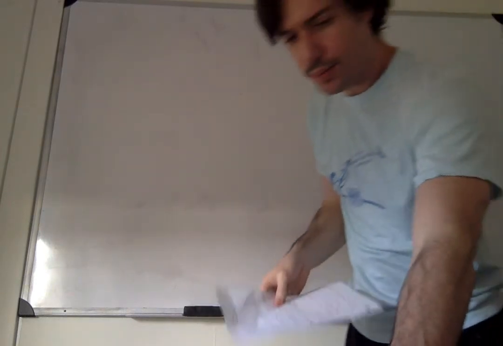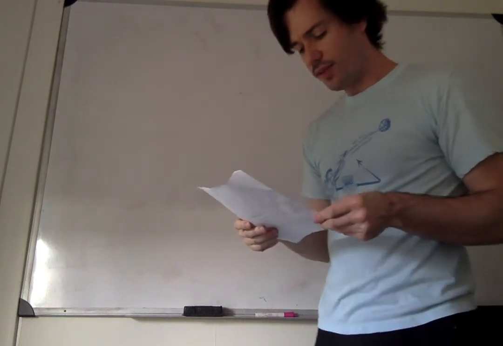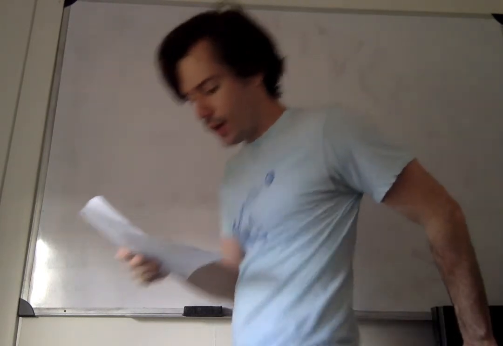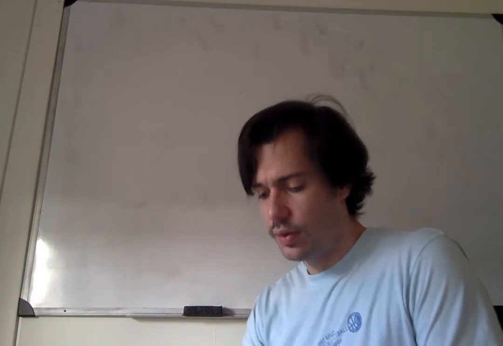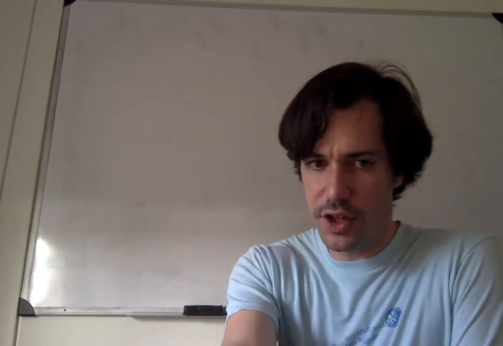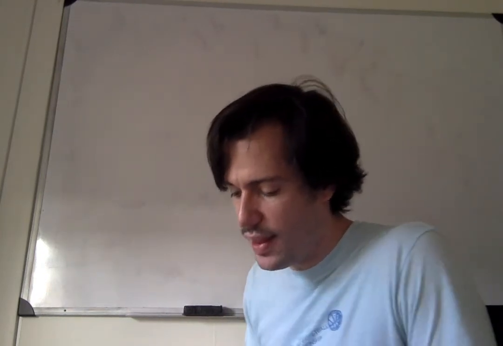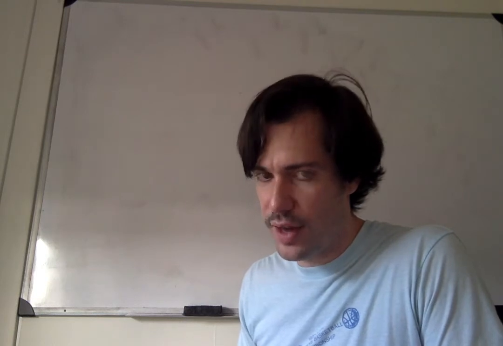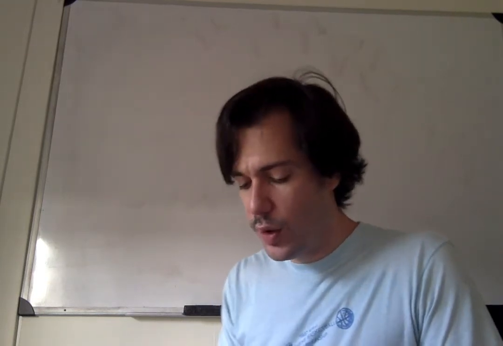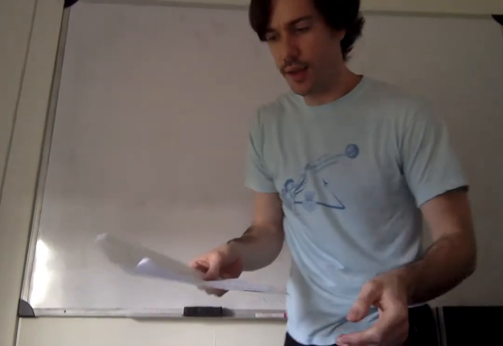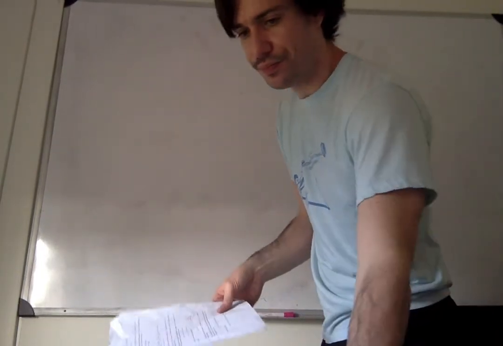Problem 9 says, let C be a simple piecewise smooth curve, which is sufficiently smooth, that lies in a plane with a unit normal vector A, B, C. We want to show that the area enclosed by C is some value.